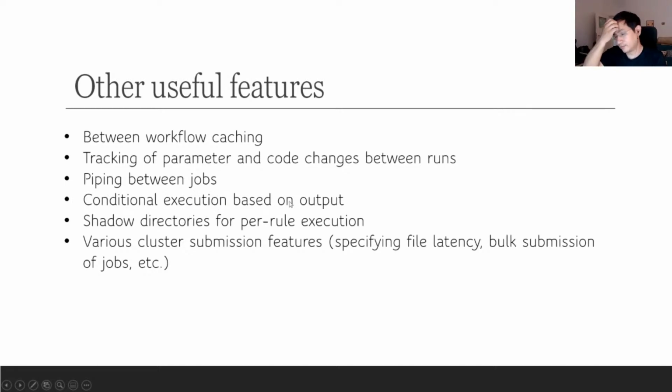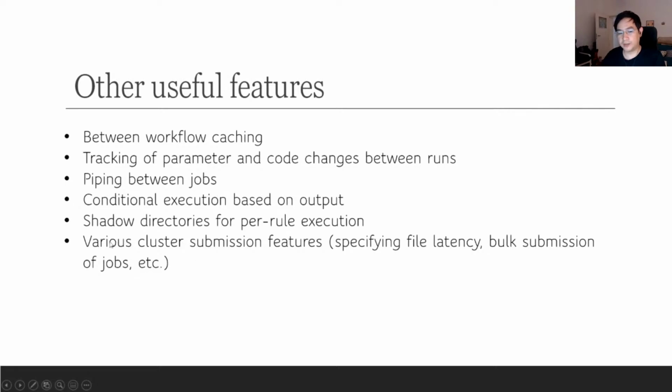You can run some custom code. You can create shadow directories in case each instance of a rule is accessing some common resource in the main directory. You can create individual directories for each rule rather than running them all in the same directory.